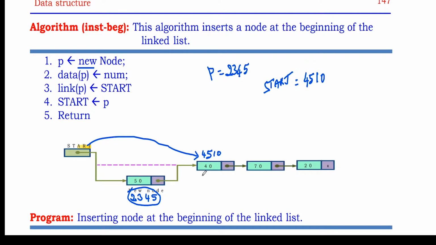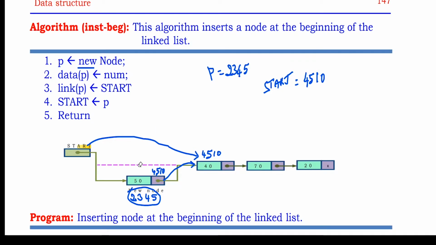So what we did is we copied that to the link field. So here I made that 4510. This is the link of P. So this relation is established now. Correct. So now this is broken.